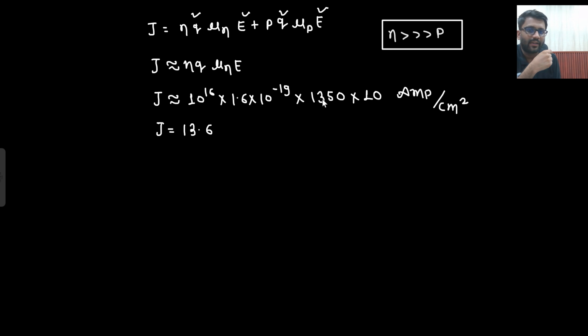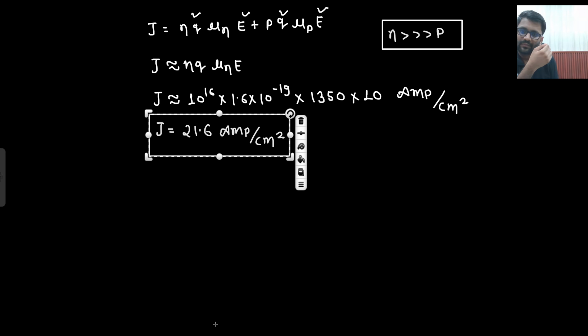So 13.5 I can make here. So 13.5 into 1.6, that is coming out to be 21.6 ampere per centimeter square. This is the approximate answer.